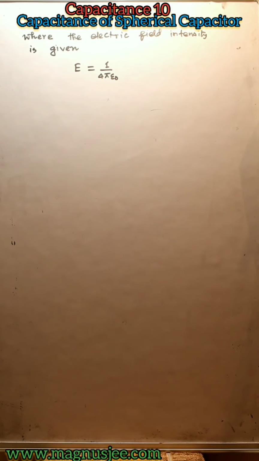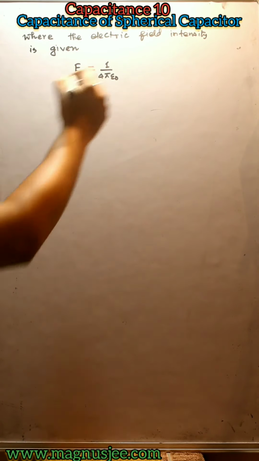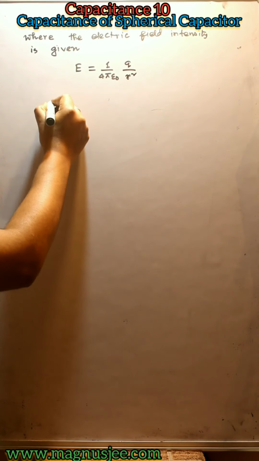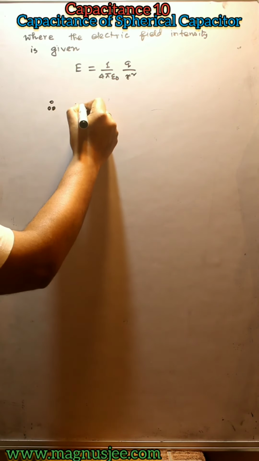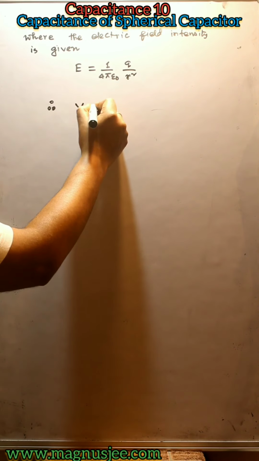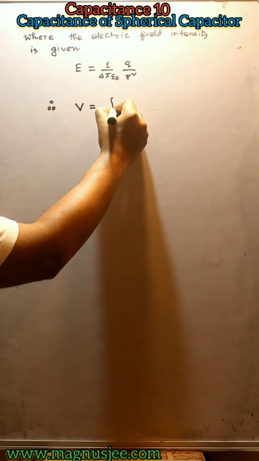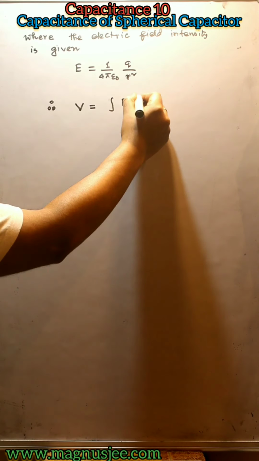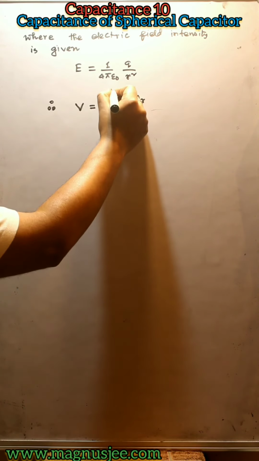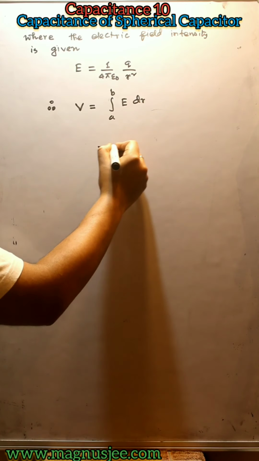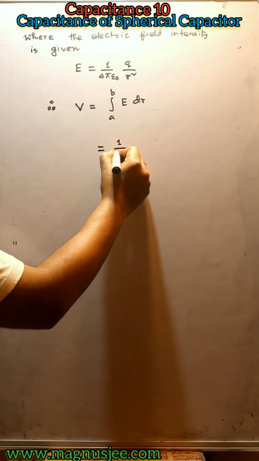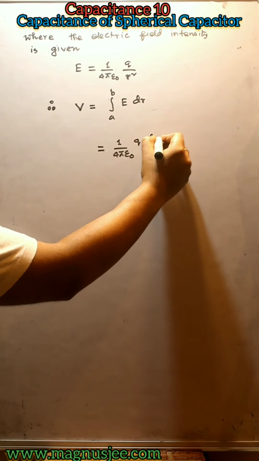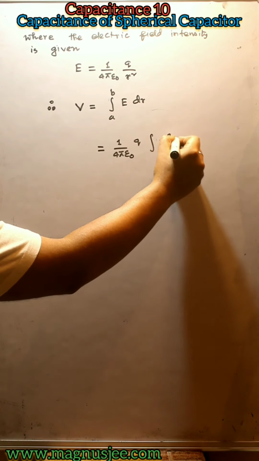We can assume the charge to be concentrated at the center of the spherical capacitor, so we get E as 1 by 4 pi epsilon 0 q by r square, and putting this expression we get V as integration a to b E dr. 1 by 4 pi epsilon 0 and q are constant, so we can bring 1 by 4 pi epsilon 0 and q outside the integration.